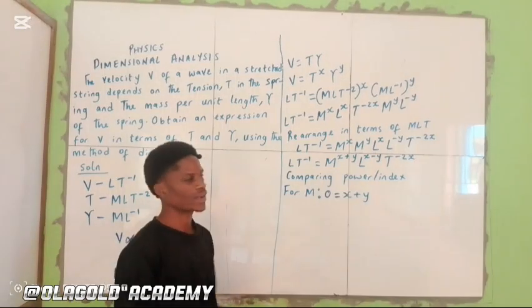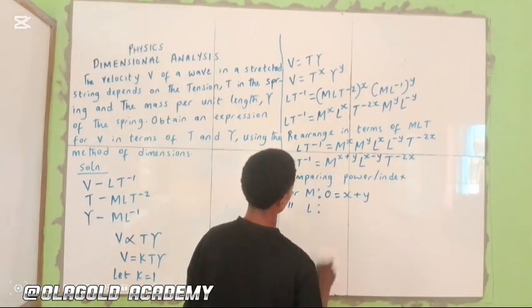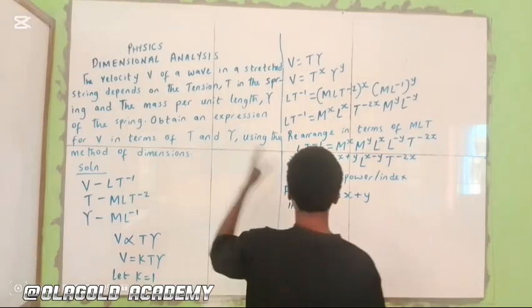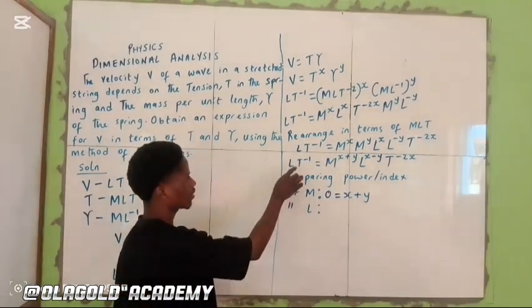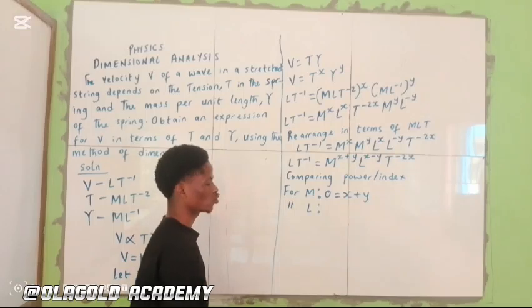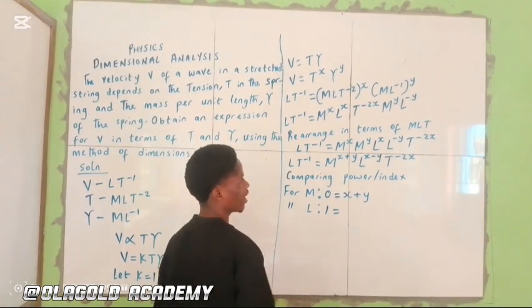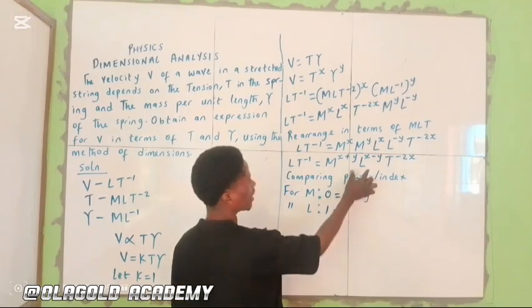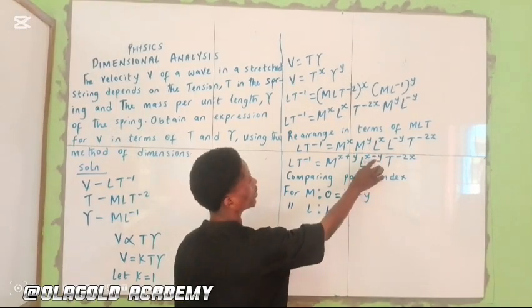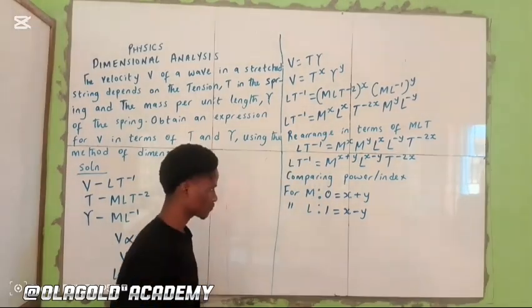Now, for L, what do we have? At this side, we have L having a power of 1. So we have 1 here equal to, at this side, L having the power of x minus y. So we're having x minus y.